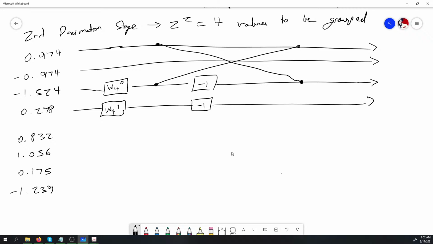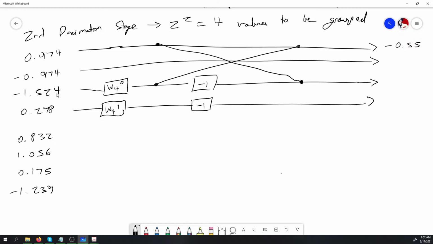So for this result of the butterfly diagram, the end result is going to be 0.5. And then for this second half, there's going to be 0.974 minus negative 1.524 by W4 of naught, which is just going to be 1 multiplied by negative 1, so this becomes positive 1.524.